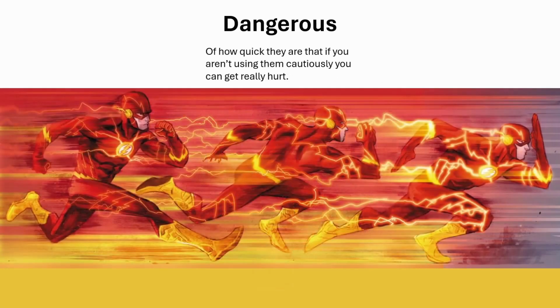Here's the deal with options. The thing is, because options are so quick and they gain very fast, they're obviously dangerous. They're so dangerous because of how quick they are that if you aren't using them cautiously, you can get really hurt, which is the reason why some people who trade options lose quite a bit of money, because they don't use them correctly, right?